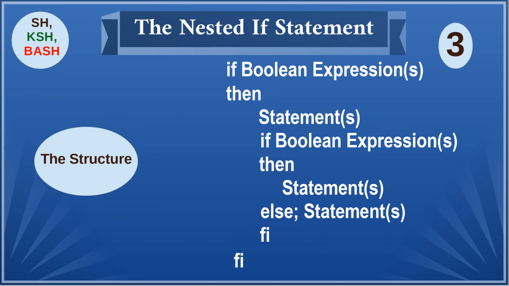So in this case, if a Boolean expression is true, then it's going to execute the statement. Then you have a nested if statement inside that. Every if statement has to have a fi as the end of it on the syntax part, and every if statement has a then part after that. Then you execute one or more statements there.